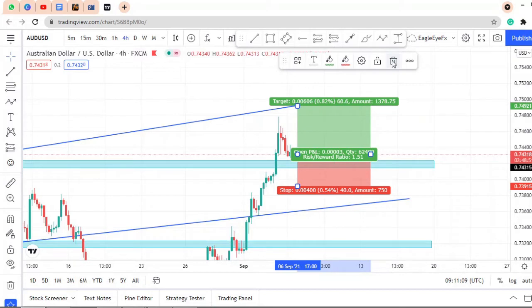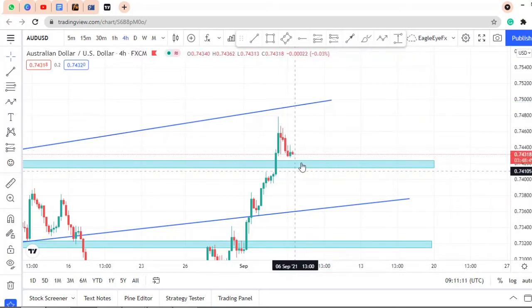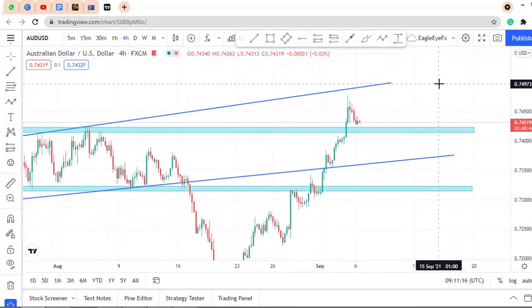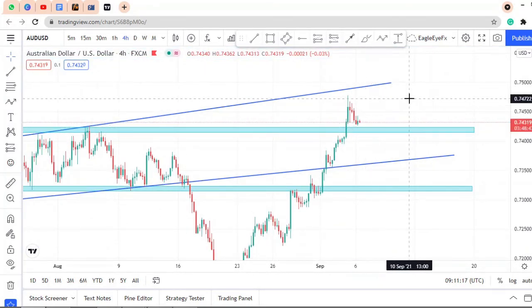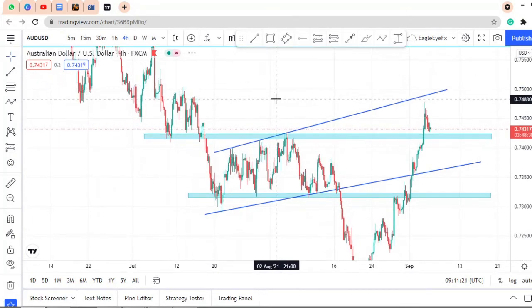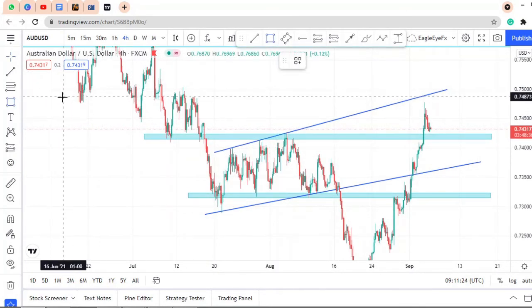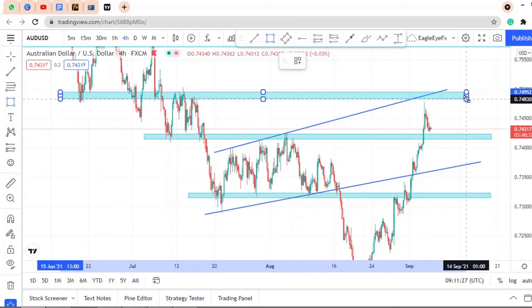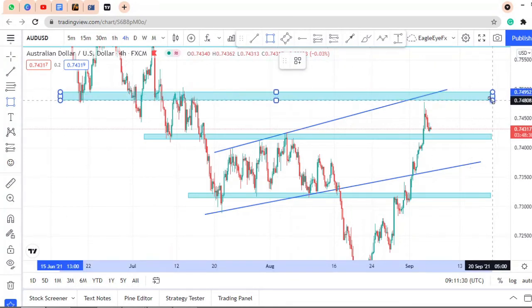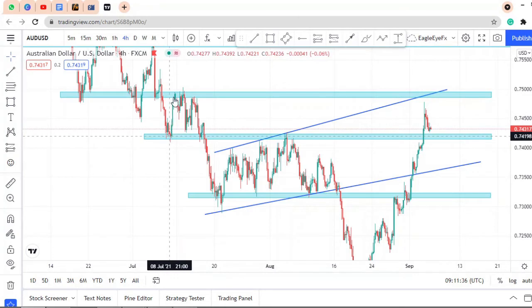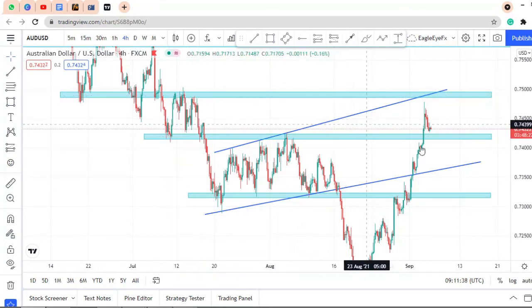Okay, that's one way you can do it, as long as this level is able to support it. As long as this level is able to support it, then you can look for buys. And then you can target this level over here, because you see support here, and you see this level also able to support up to this place here.